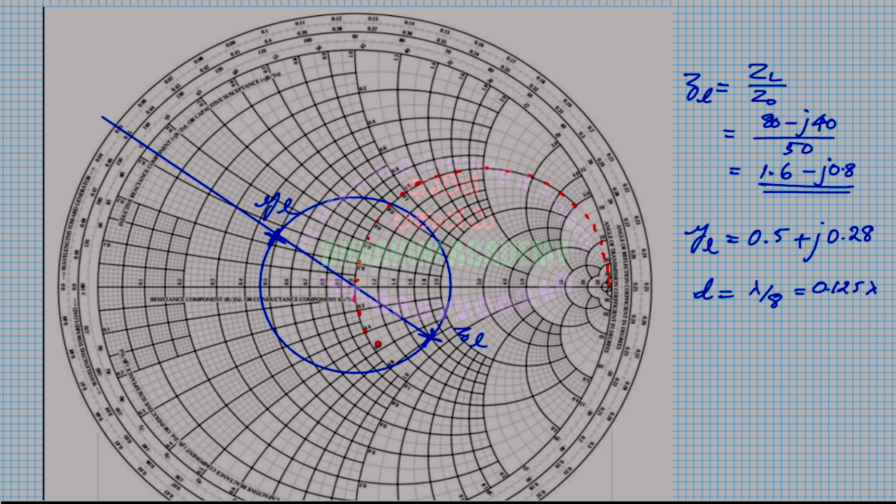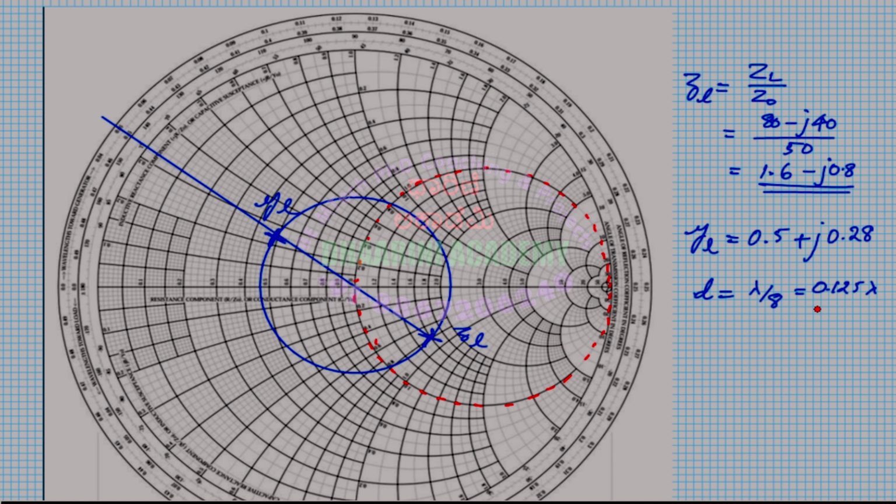Whatever transmission line we are considering in the problem, this is the r equal to 1 circle of that. But whenever I move by a distance equal to the given distance, this circle also should be shifted by that much amount. So that's the meaning.